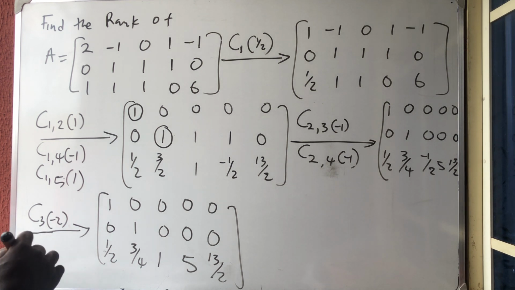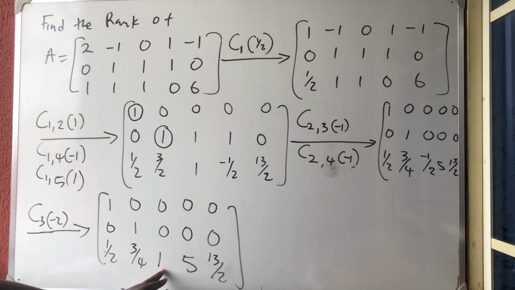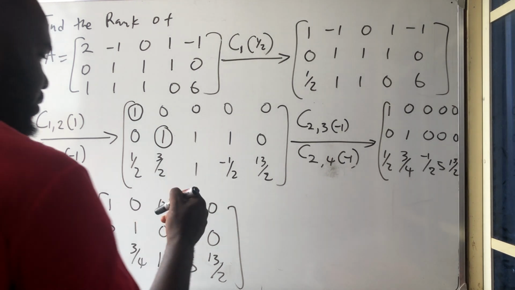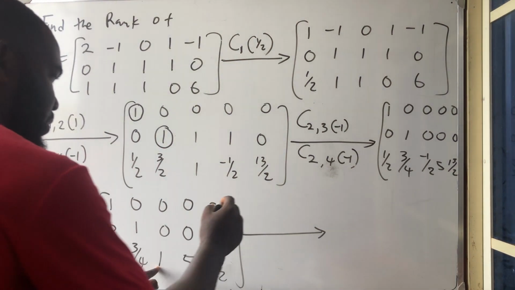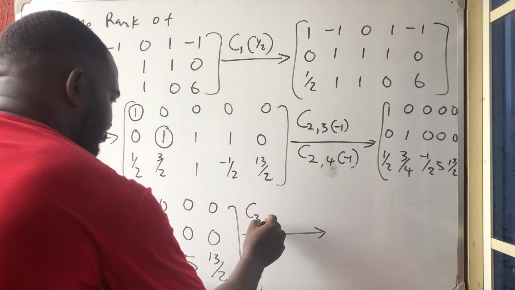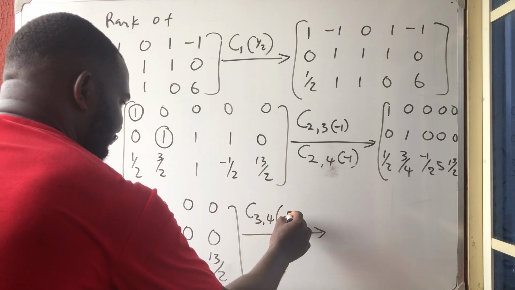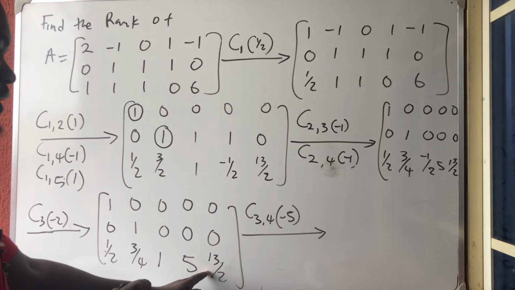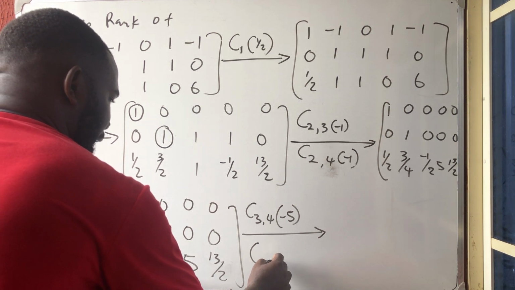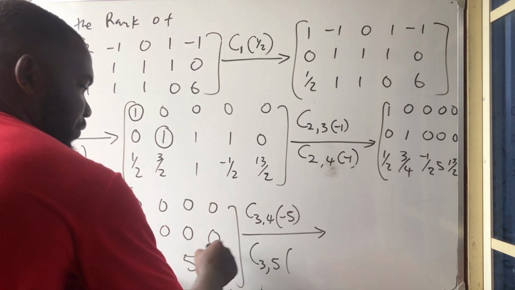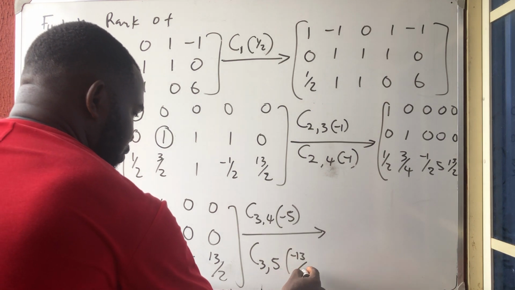That is multiply column 3 by minus 5. Add it here. Multiply column 3 and add to column 4 by minus 5. Then how do you make here 0? Multiply column 3 and add it to column 5 by negative of this, minus 13 over 2.